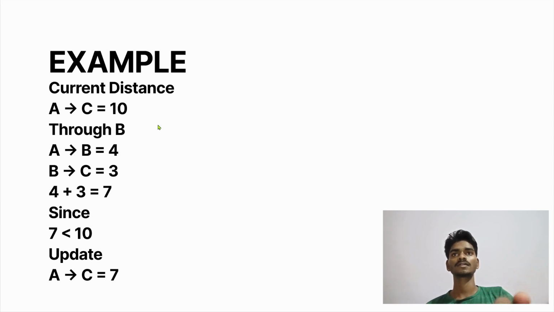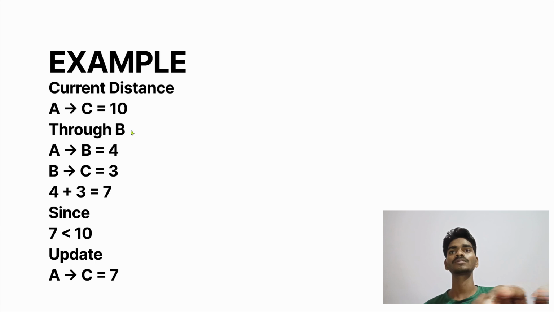Next, let's take an example, using the image that we took in the beginning. The current distance from A to C is 10. The distance from A to C through B is 4 from A to B, and from B to C it is 3.